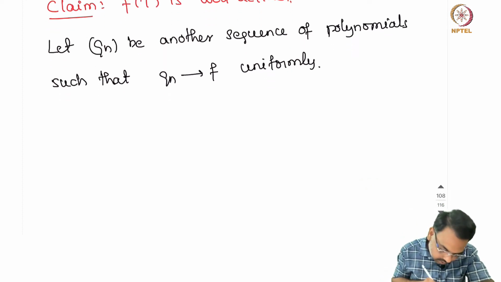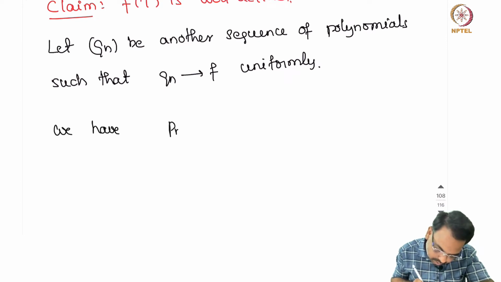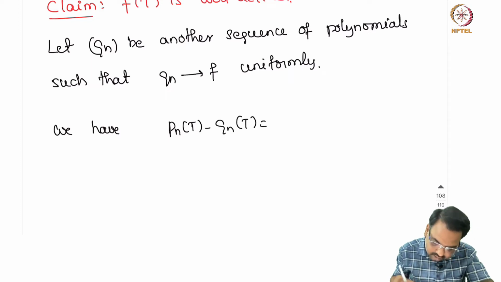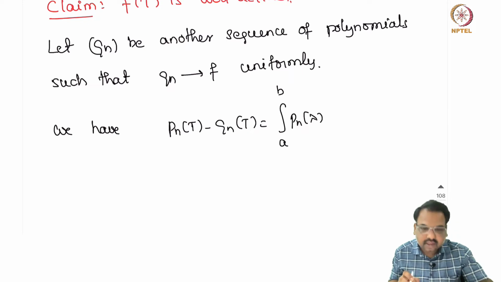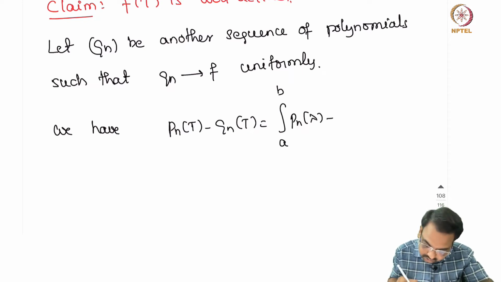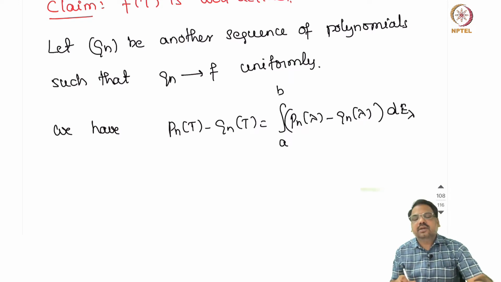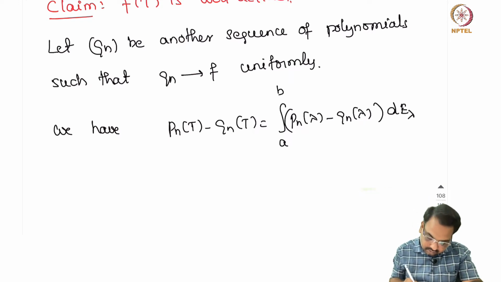So we have Pn of T minus Qn of T. This is nothing but, the first one is the integral from a to b of Pn lambda dE lambda, the second one is the integral from a to b of Qn lambda dE lambda. So this is Pn minus Qn of lambda dE lambda.